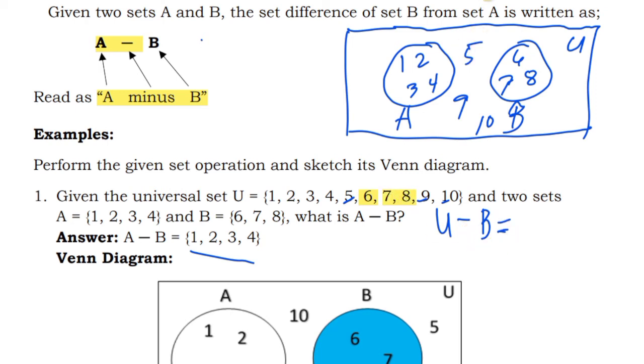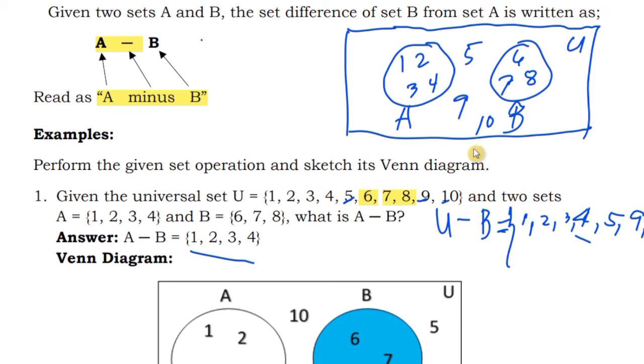So therefore, if we have U minus B in the given set, the answer for this is 1, 2, 3, 4, 5. No, there's no 6 here, by the way, because 6 can be found in set B. Then we proceed to 9, 10.